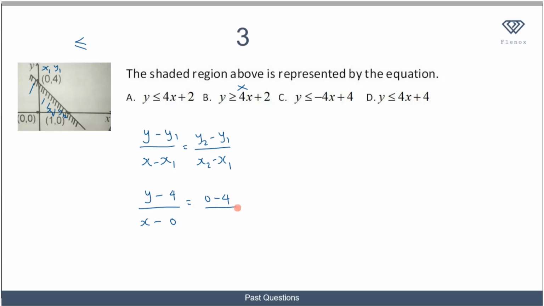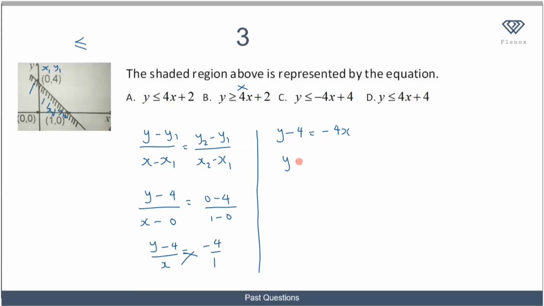Our y2 is 0, minus our y1 which is 4, over our x2 which is 1, minus our x1 which is 0. So we have y minus 4 over x must be equal to minus 4 over 1. And when we cross multiply, what are we left with? We have y minus 4 is equal to minus 4x.